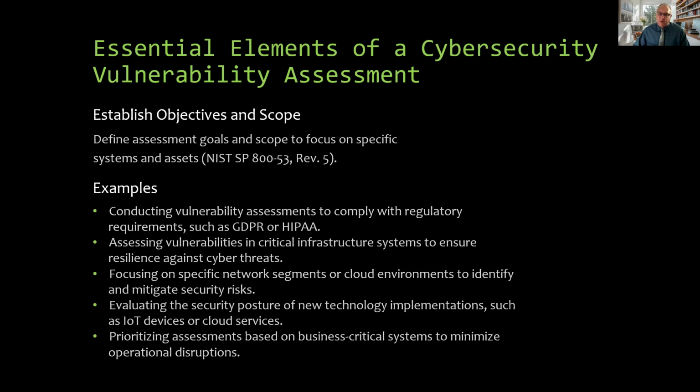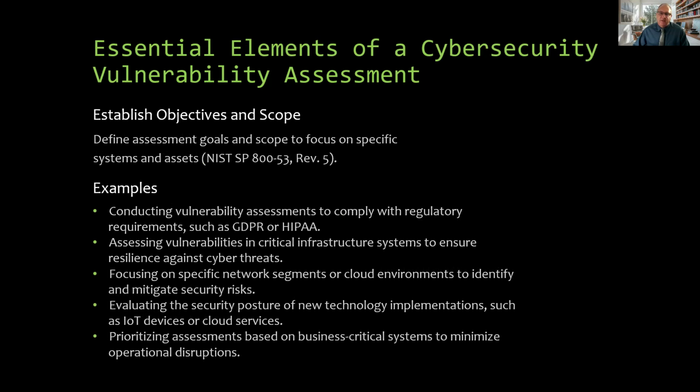Maybe it's focusing on critical infrastructure or network segments or our cloud environment. Maybe it has to do with implementing a new technology. We want to make sure that when we implement it, we're not all of a sudden vulnerable when we bring those things online. So these are different ways to create a scope for your cybersecurity vulnerability assessment.